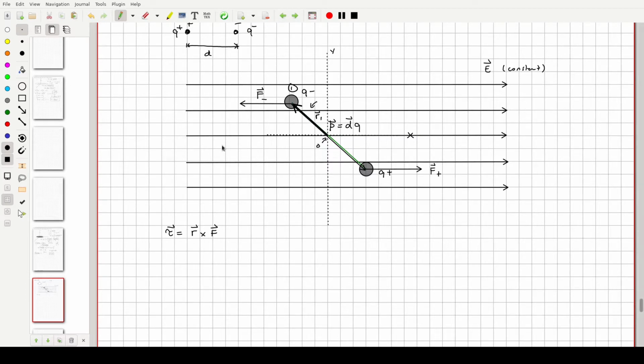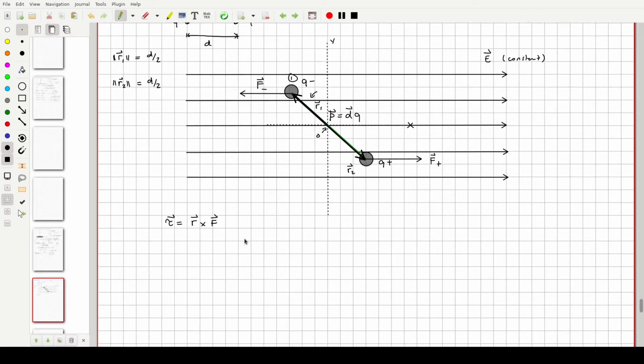You've got another one over here, which we'll call R2. R1 has a length of d over 2. That's our distance. R2 also has a length of d over 2.